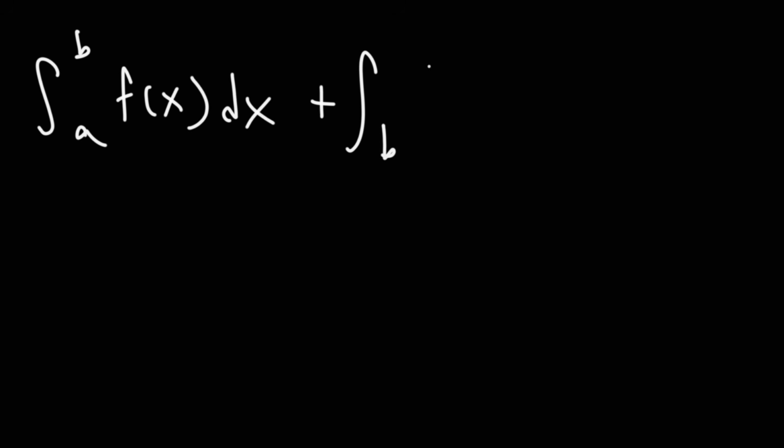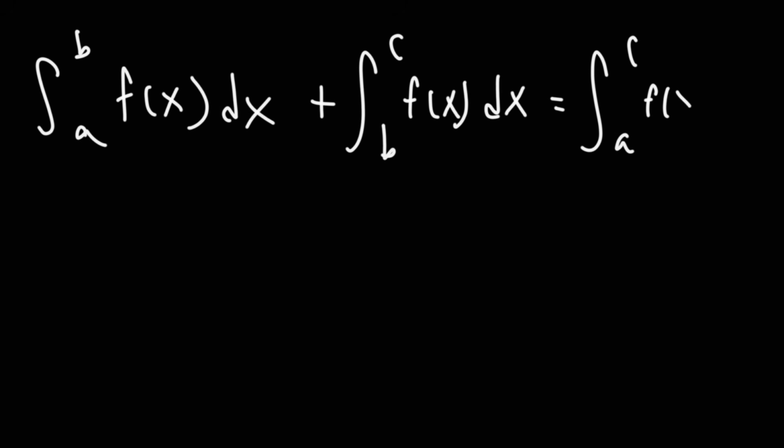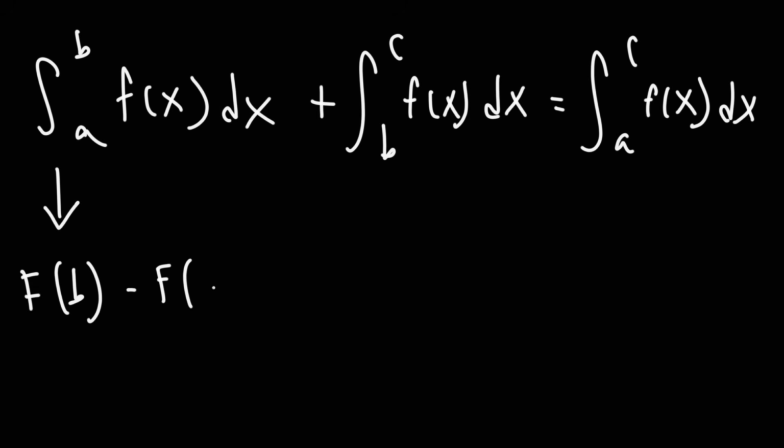Now, definite integrals are additive. So if we have the definite integral from a to b of f of x dx, plus the definite integral from b to c of f of x dx, this is going to equal the definite integral from a to c of f of x dx. And if you want to understand why that's the case, the first one is going to be F of b minus F of a.